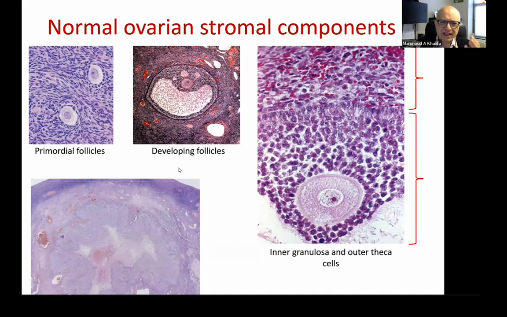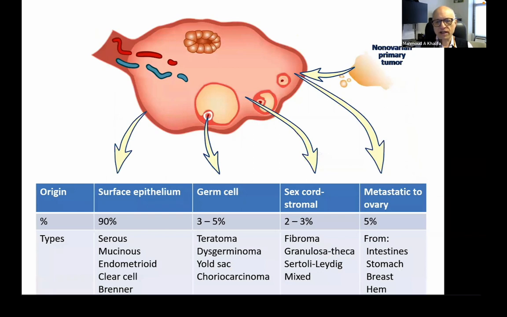So the complexity of the ovary comes from the fact that it is derived from three different sources: epithelium, sex cord stroma, and primordial follicles.